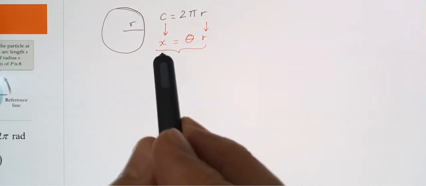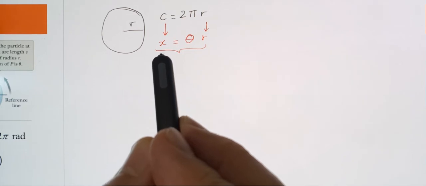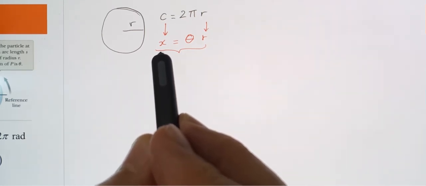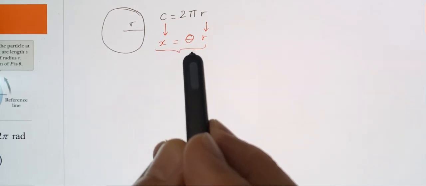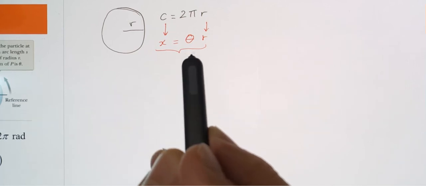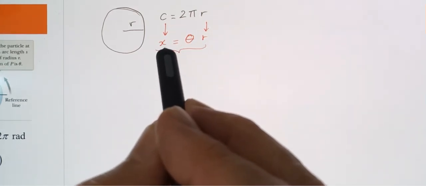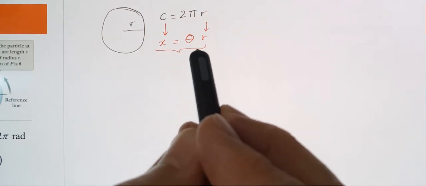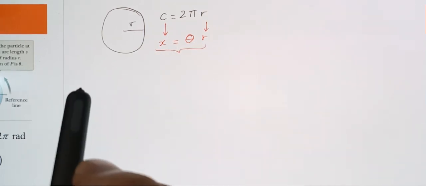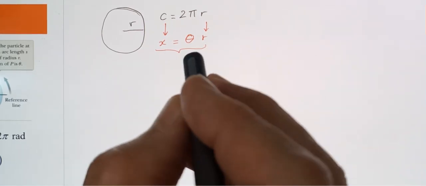So the relation between linear displacement or linear distance and the angular distance, and we can say the angular displacement, is this relation. X is equal r theta.